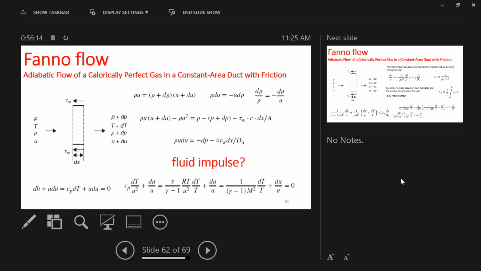We didn't just try to find a small element. Exactly. So the thing is, the friction changes as you move in the duct, right?